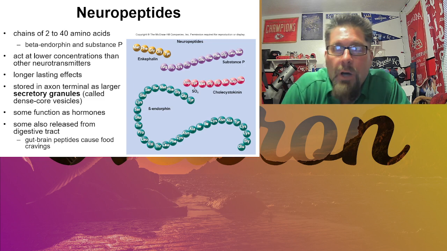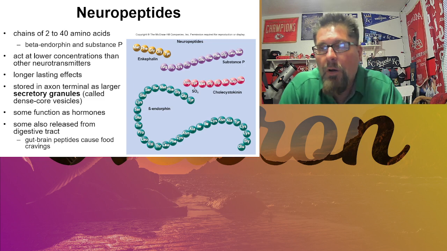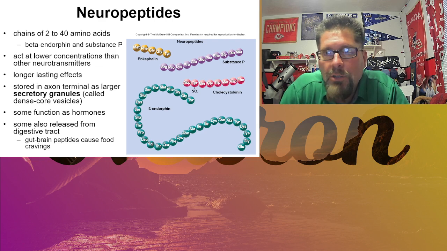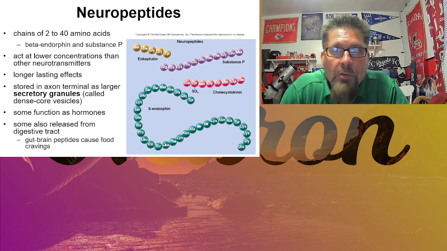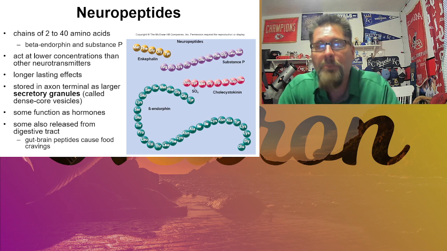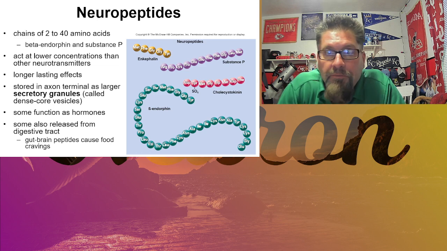And when amino acids are put together, that's called a peptide, which is what makes the protein. So these are peptides, but they're referred to as neuropeptides because they're a part of the neurotransmitter groups.